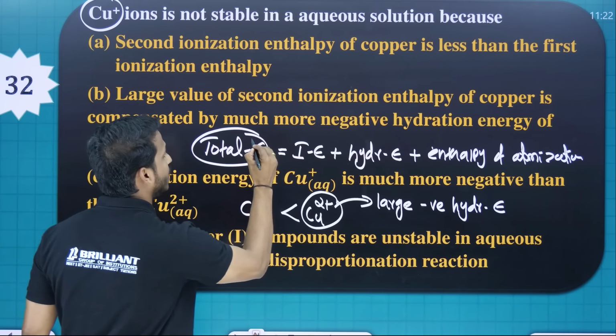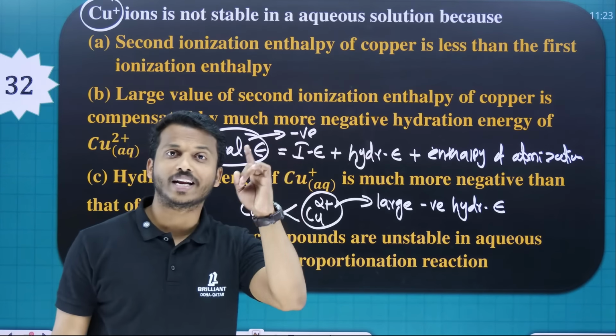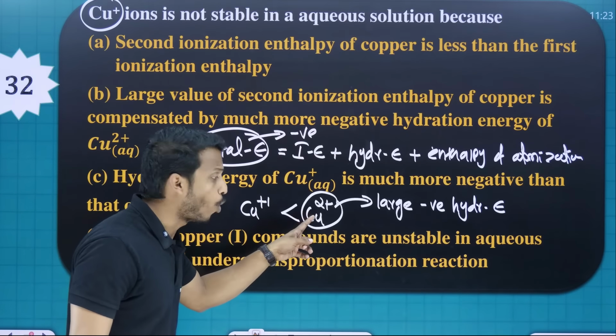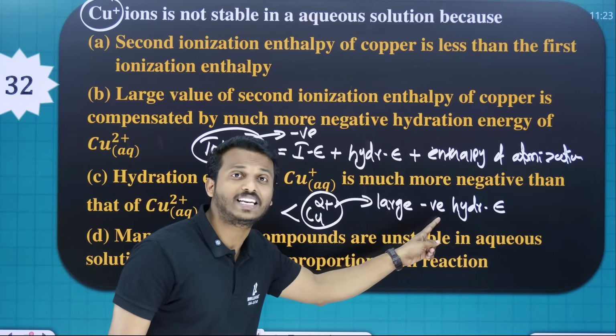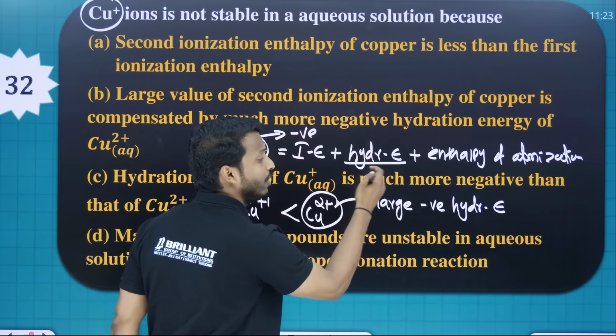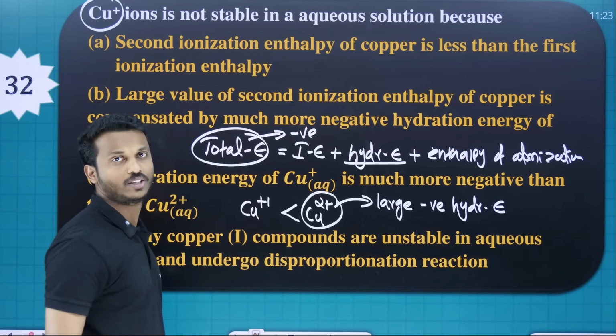If the total energy is negative overall, the oxidation state is stable. You see, copper 2+ has a large negative hydration energy. So the higher the hydration energy, if it is negative in value, the total energy will be negative, and the oxidation state is stable.